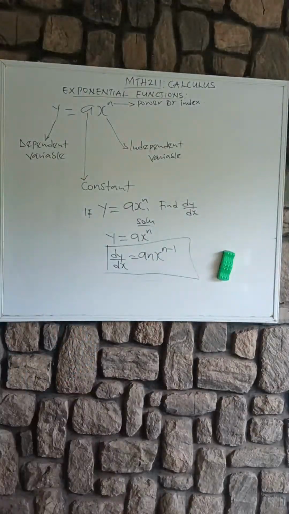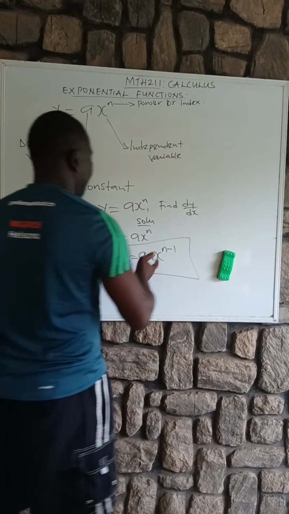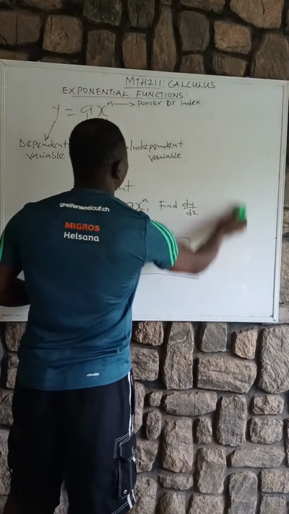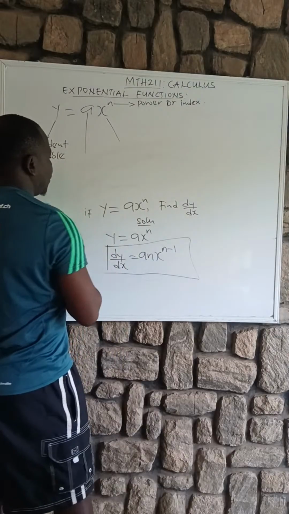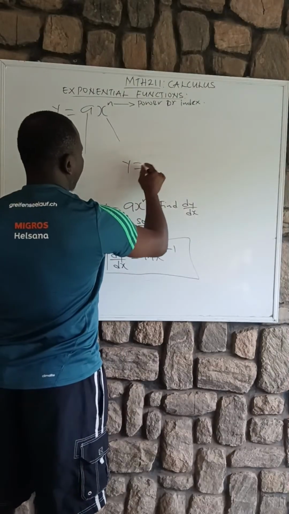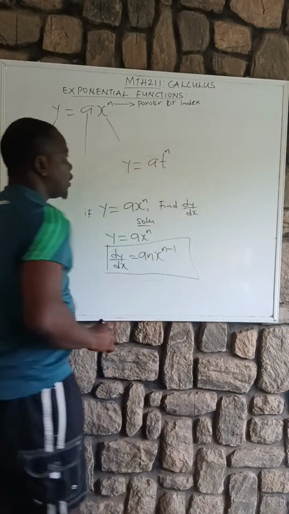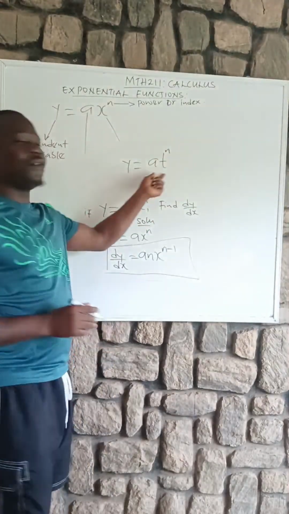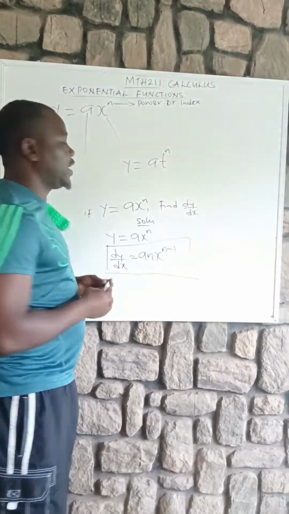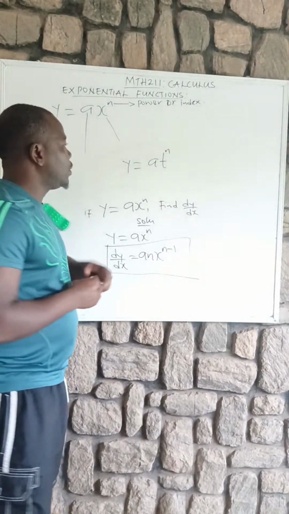Do you understand? So let's proceed to consider some examples. What if you have y equals a t raised to the power n? We have to differentiate this function with respect to t. True or false? It's true.